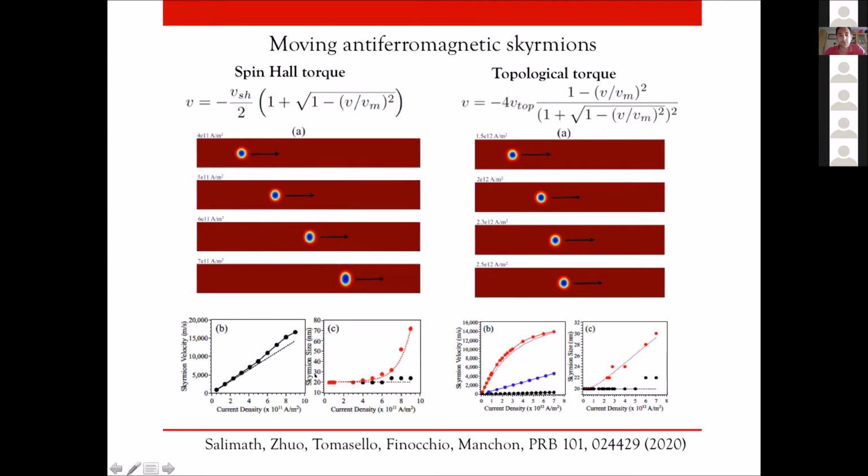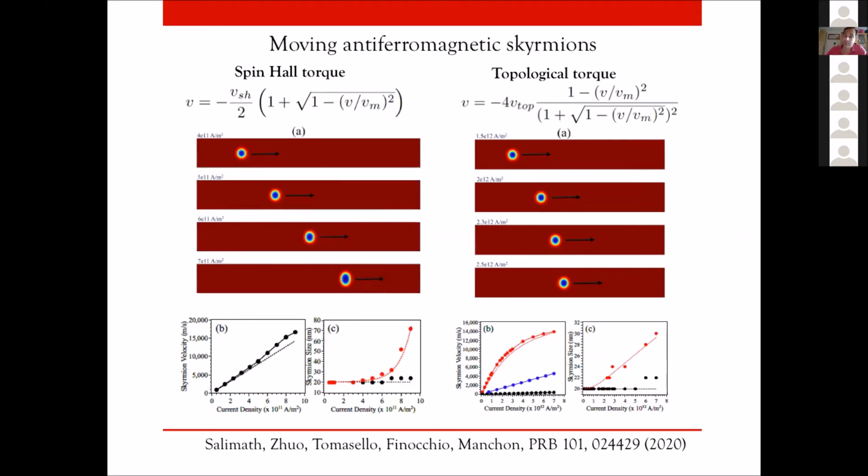Here you have the lateral expansion of the skyrmion as a function of the current velocity, and you have this very strong quadratic expansion that diverges when you reach the spin wave velocity. And there's a point where the lateral expansion of the skyrmion is too large, and the skyrmion annihilates because it reaches the boundaries of your wire. So it can go very fast at large current density, but it gets annihilated.